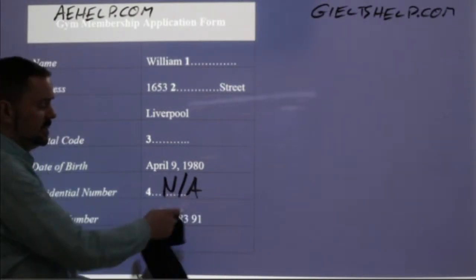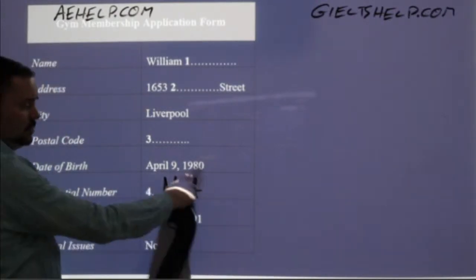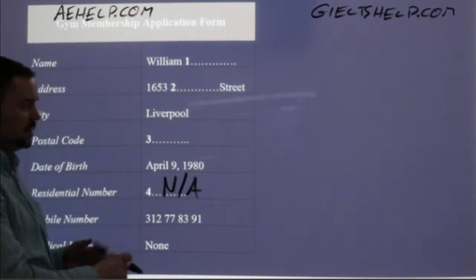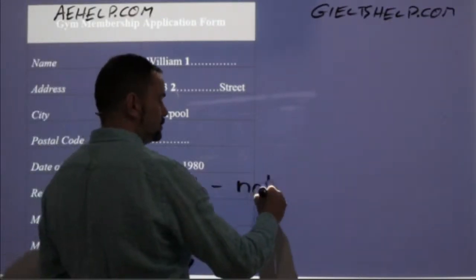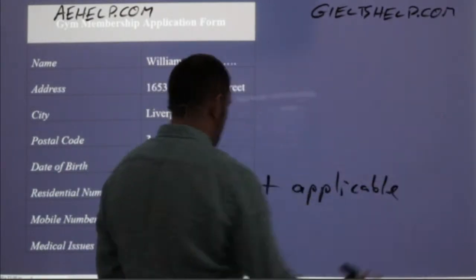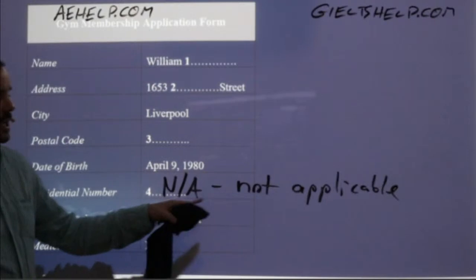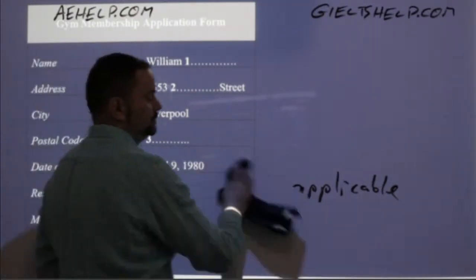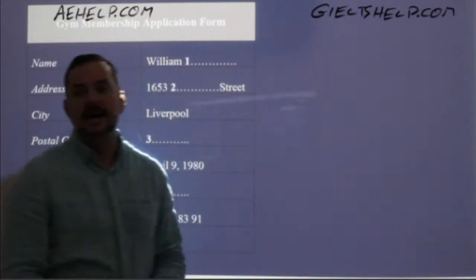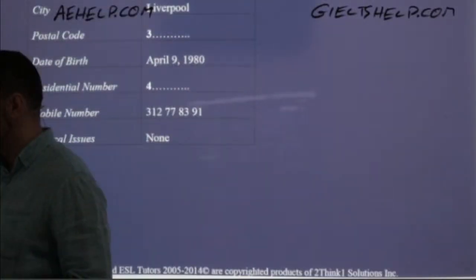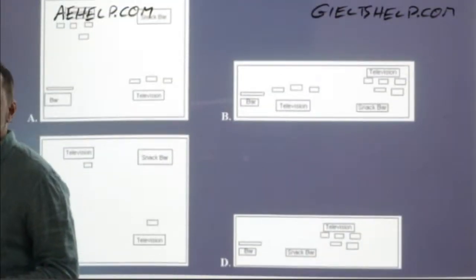That's recognized as a way to write answers on a form in English. Okay, N/A, not applicable. So NA makes sense. Okay, you can use that on your forms for when you're filling out official forms like visa applications. If there's a question that's not applicable to you, then you can write NA.